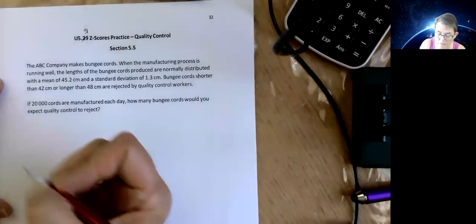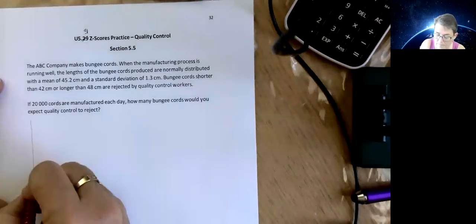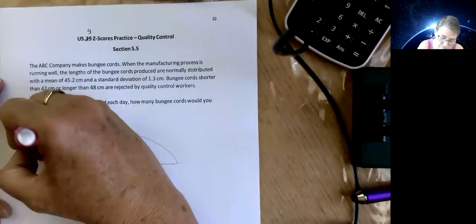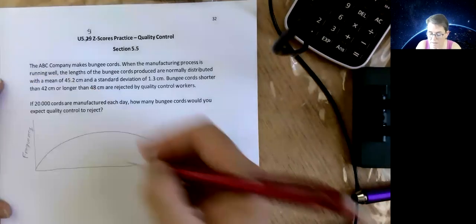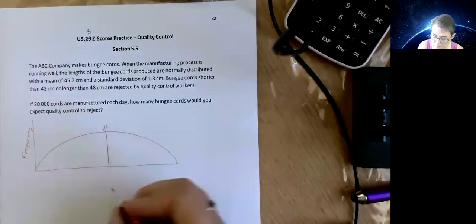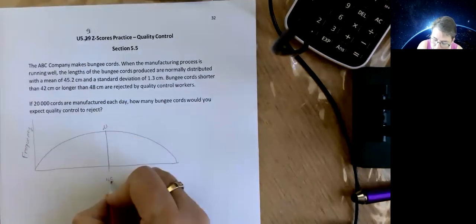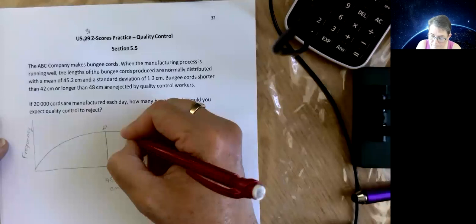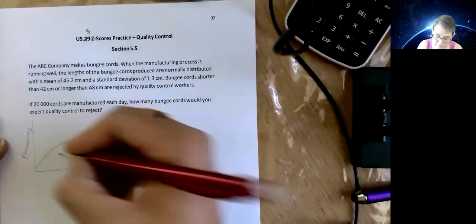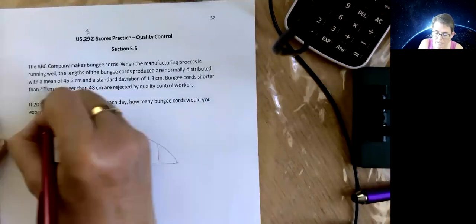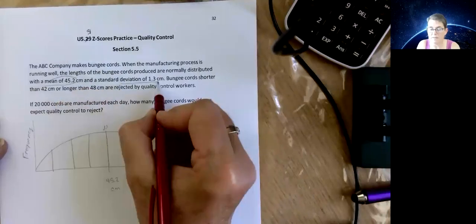So we've got frequency, and there's our mean, in centimeters. There's our mu, and there's our standard deviation of 1.3.